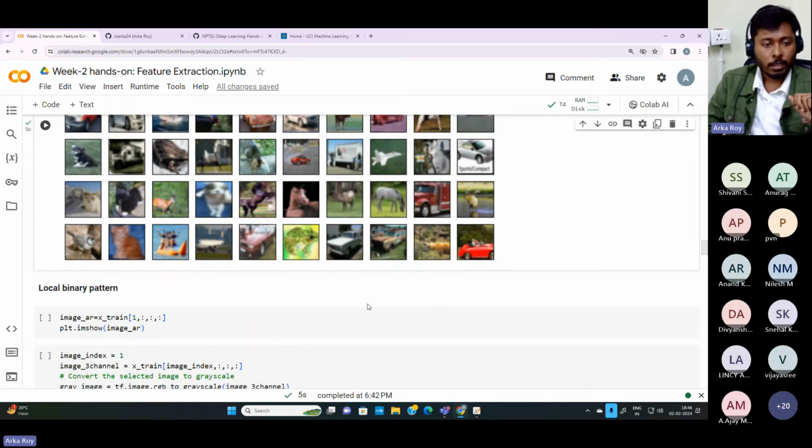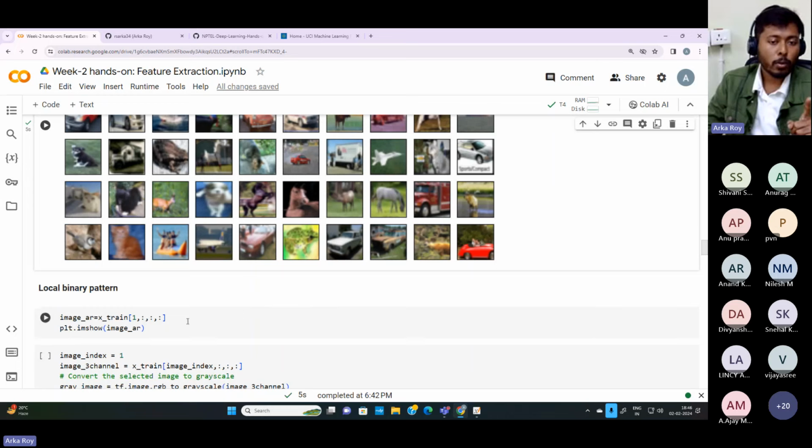Thank you, sir. Okay. As we are talking about extracting the features, our first feature is local binary pattern. The process I will follow is to first take one image and extract features from it. When we complete all the feature extraction for one particular image, we'll write a for loop to handle the enormous amount of data, running over a loop to extract features for all the images in the dataset.